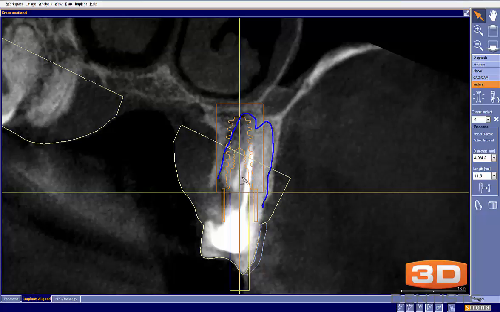So even there, I don't think immediate placement is a good option here. So I would personally recommend removing this tooth, grafting with bone and PRF, and then coming back to place the implant approximately 4 months later.